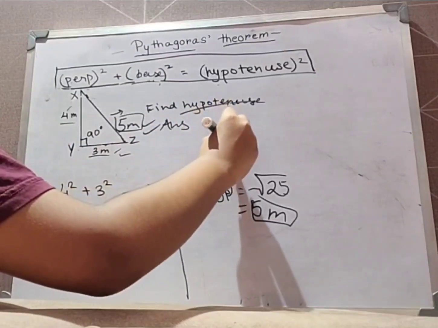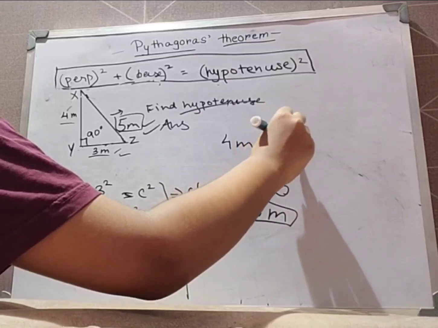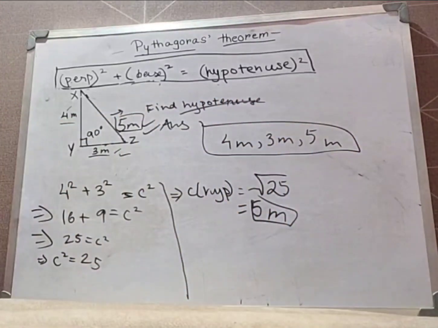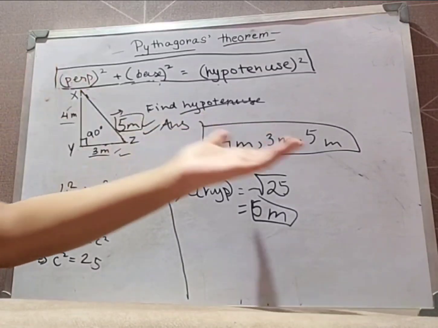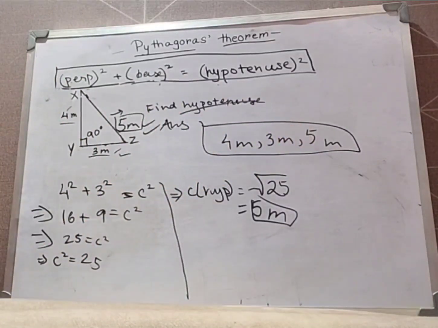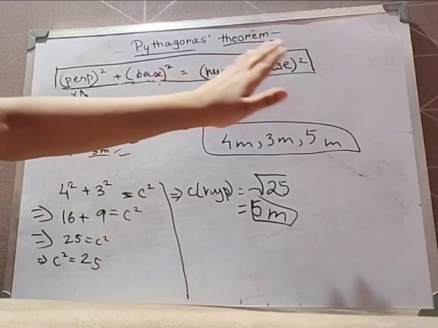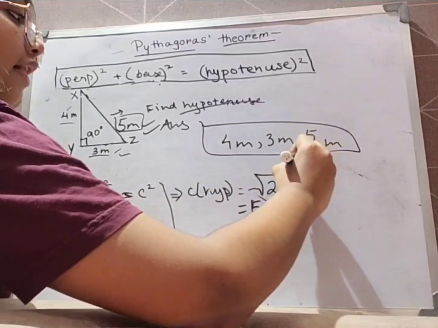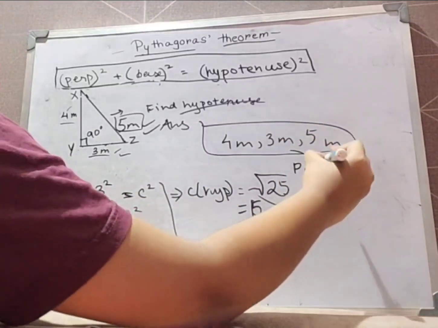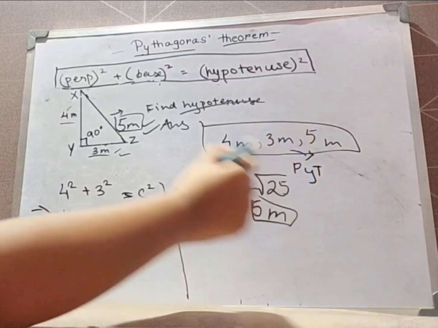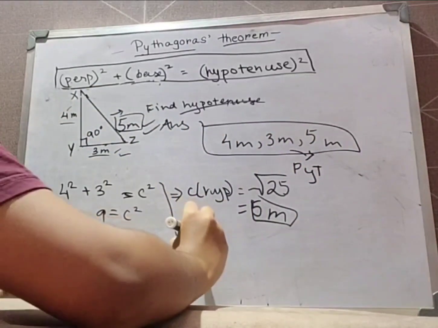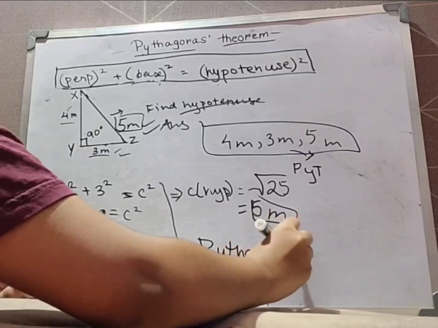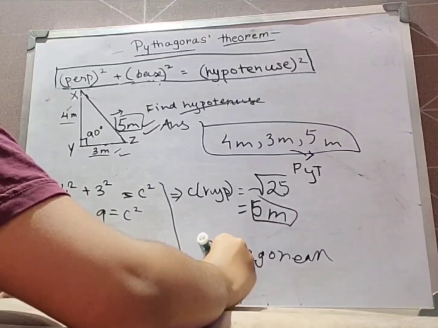Now you see, 4 meter, 3 meter and 5 meter. These 3 sides can definitely make a right angle triangle. The 3 sides which can make a right angle triangle and satisfy this Pythagoras theorem are known as Pythagorean triplets.